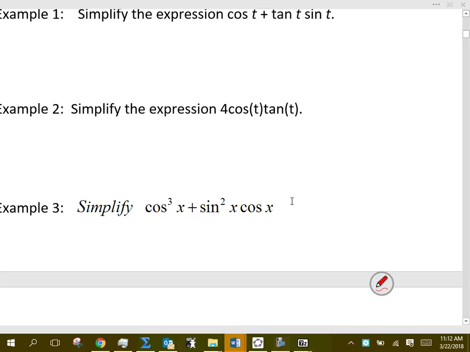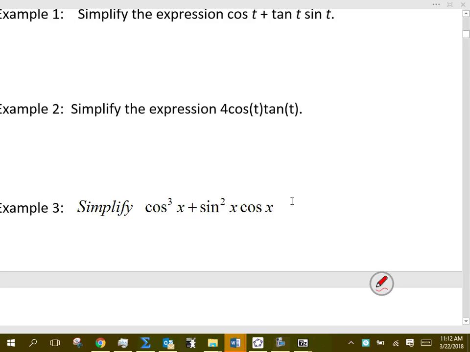If I can't find a power bigger than 1, I start thinking, let's rewrite everything in terms of sine and cosine. That's an outlet for you in all of these problems where you get stuck. You should be able to change everything to sine and cosine and then go through the algebra.